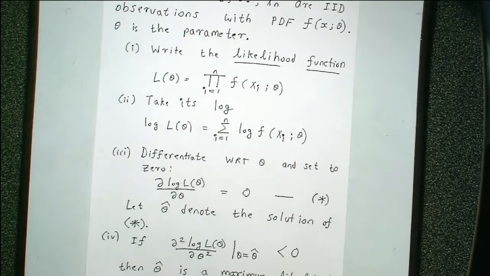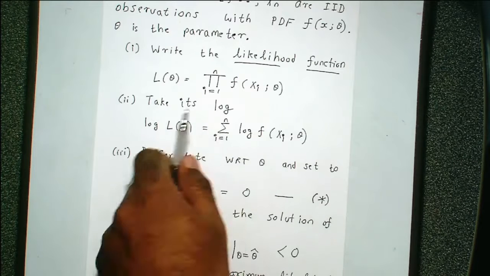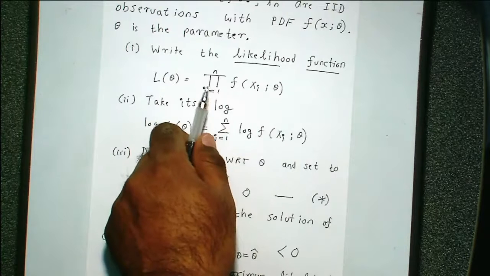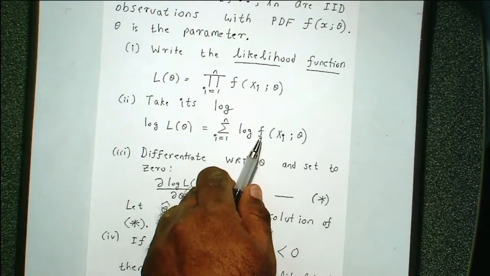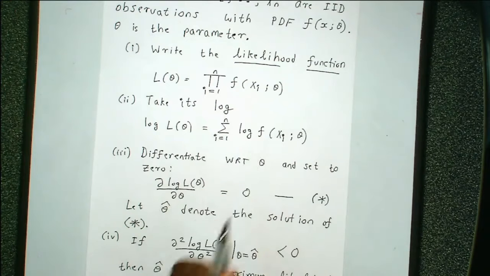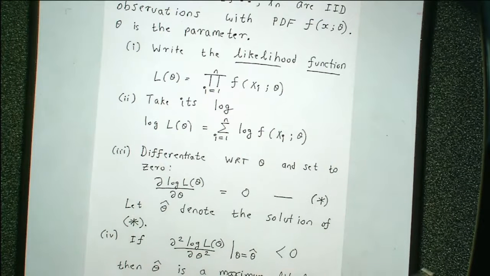Some of you did not seem to know that last week. If you take the log of a product, you get the sum of the logs, right? That's a simple basic fact in algebra. The third step is to differentiate the log likelihood function with respect to theta and set that to 0. Let theta hat denote the solution of this equation.